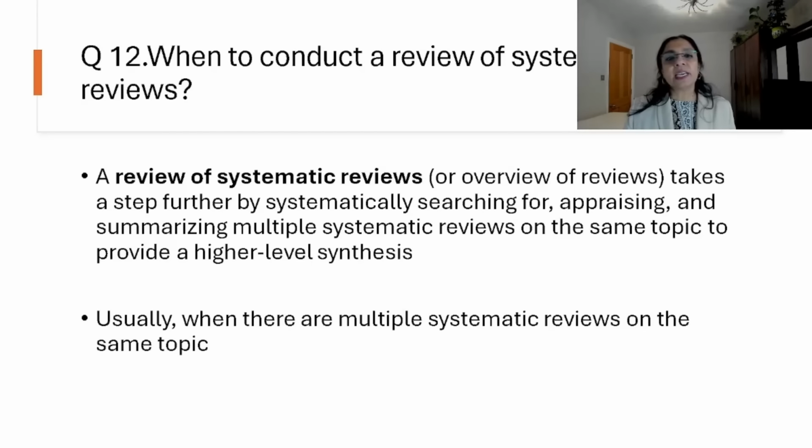So here we are not looking at the primary studies; we are looking at the systematic reviews on a given topic and trying to synthesize them. That's a higher level synthesis of multiple systematic reviews.